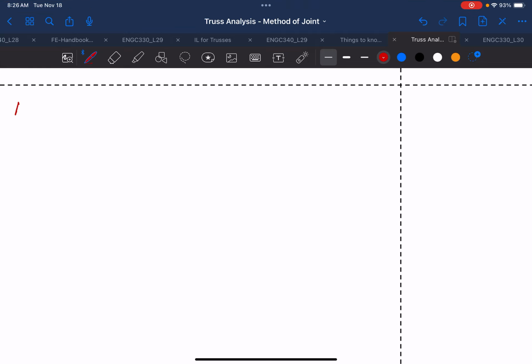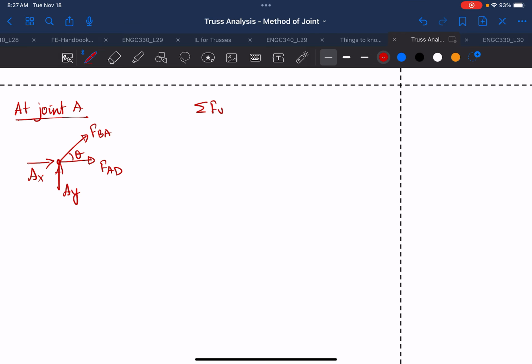So now using method of joints, I'll say joint A. We have FAD, and then we have FBA, and this is theta, and we have AY and AX. So you see that I did not change the direction, I keep them as it is.